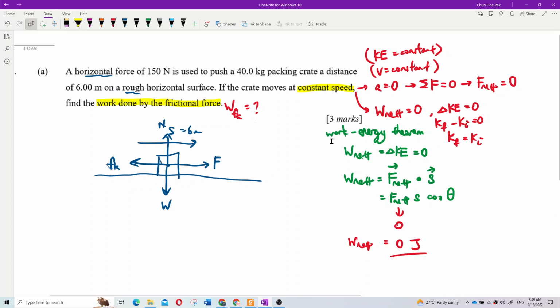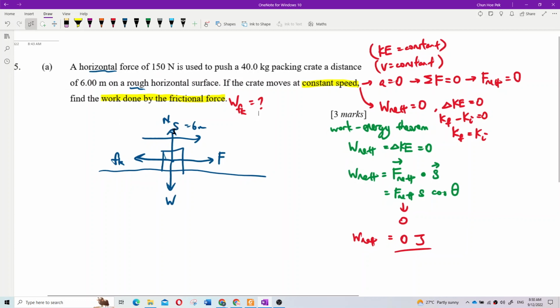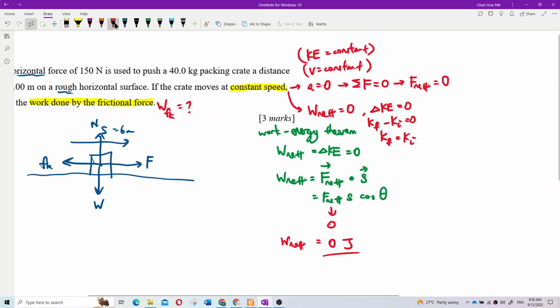Or you can use the work energy theorem, with net work done equal to 0 since kinetic energy is constant, then find the work done by each force, and then find the work done by frictional force. So you use either net force equal to 0, or net work done equal to 0.